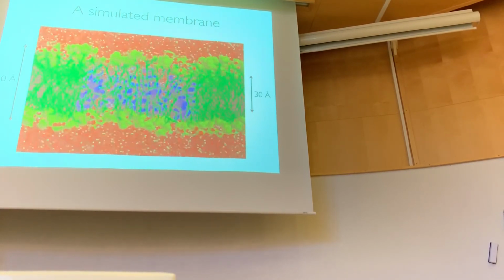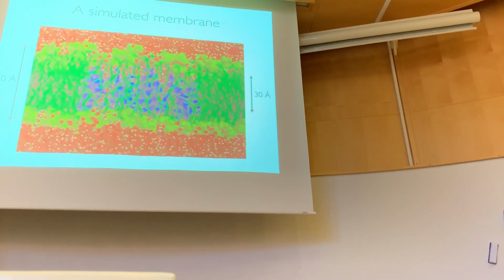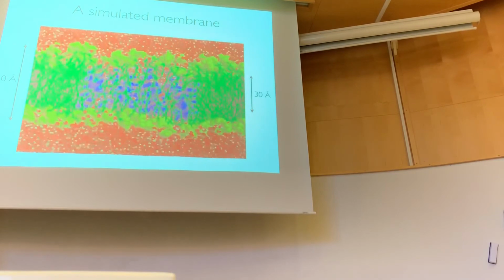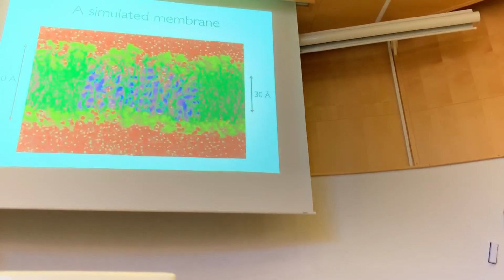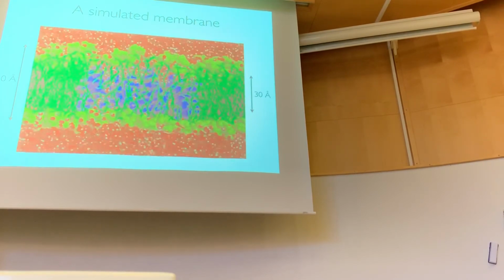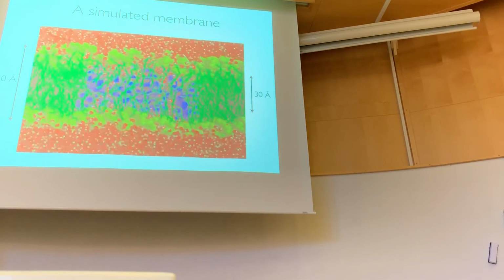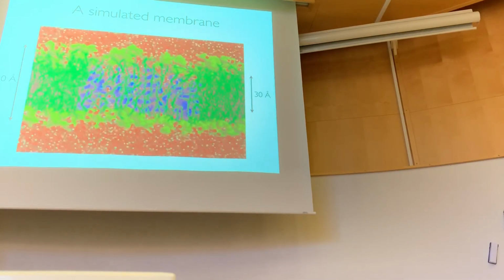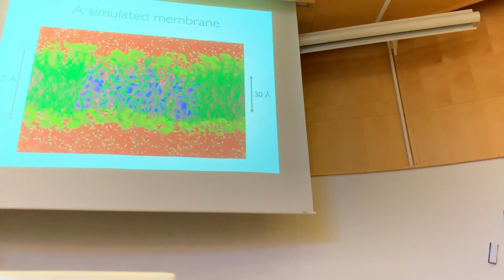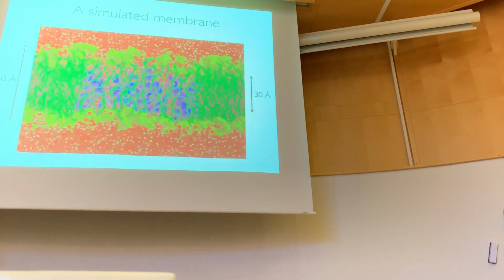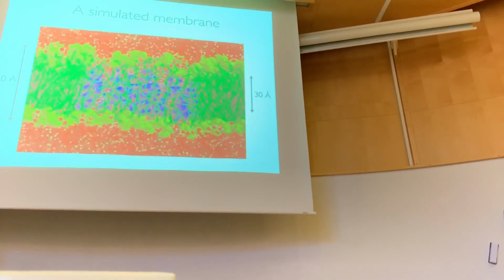So in this MD simulation, you see the lipid bilayer with the lipid head groups facing the surrounding water, and the lipid tails, the hydrophobic hydrocarbon tails, basically forming the core of the lipid bilayer, expelling all water molecules from these hydrophobic lipid tails. Of course, a lipid bilayer forms spontaneously in water.